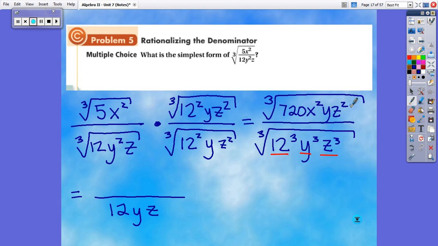So now I can simplify this. So again, it's going to take some practice learning how to figure out which numbers can be simplified, but I do know that 720 can be simplified, the cubed root of 720 is the same as that.